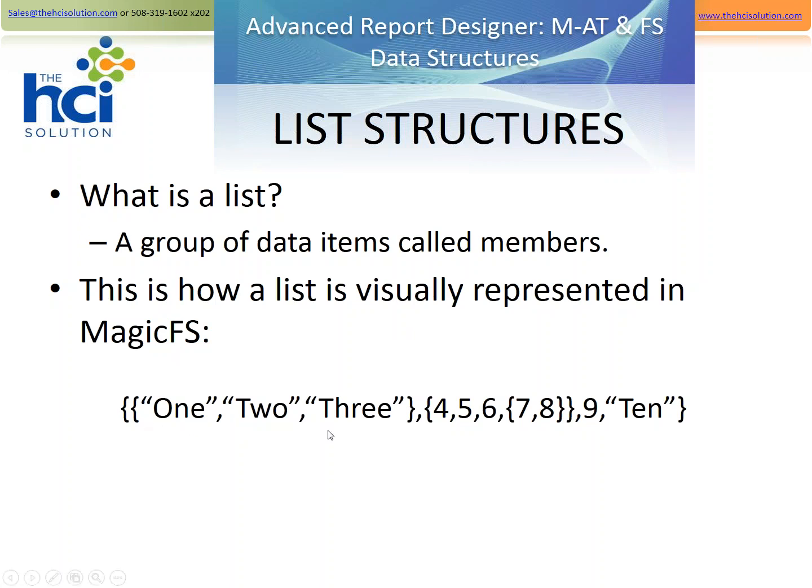The first member of this list is actually another list of the numbers 1, 2, 3, and then the second item in the list is another list of numbers, and 7 and 8 are their own list. Then you continue on, and the digit 9 is its own member in the list, and then you have the number 10 in the last position of the list.